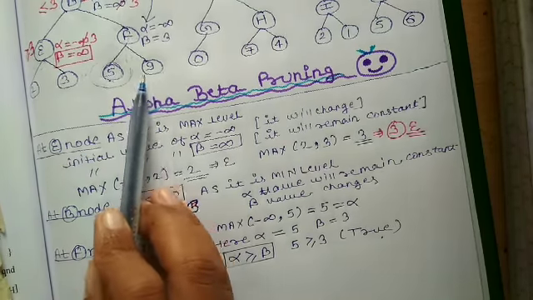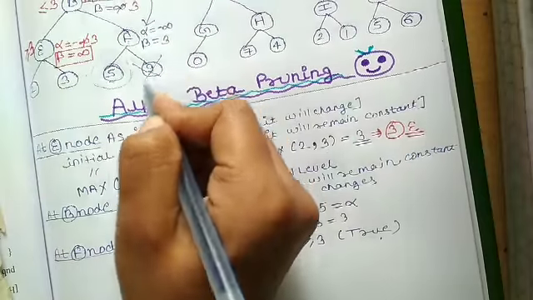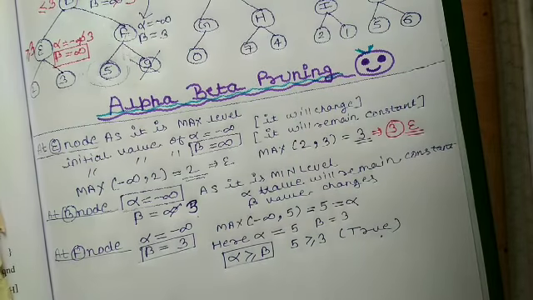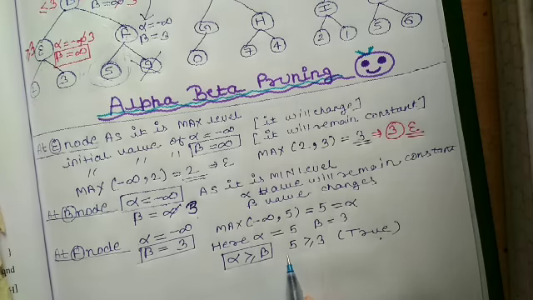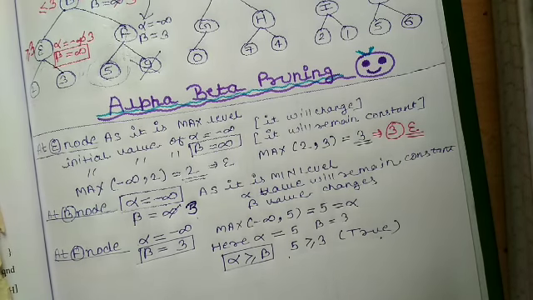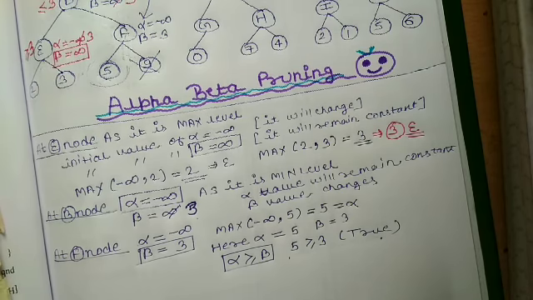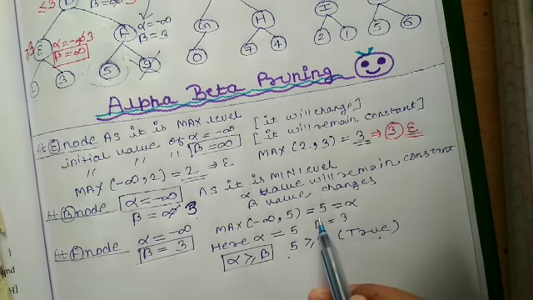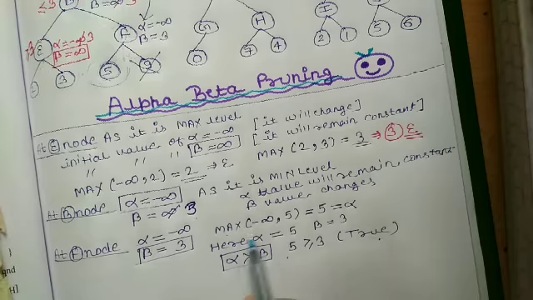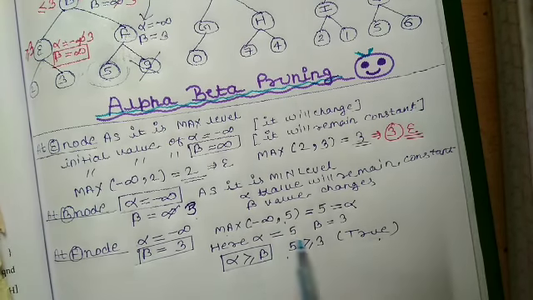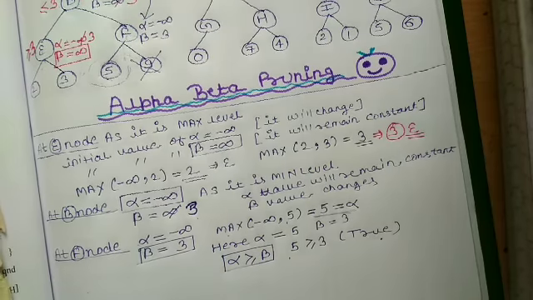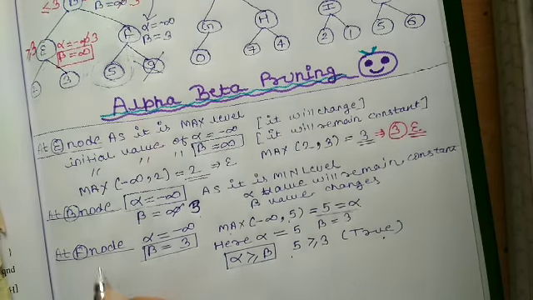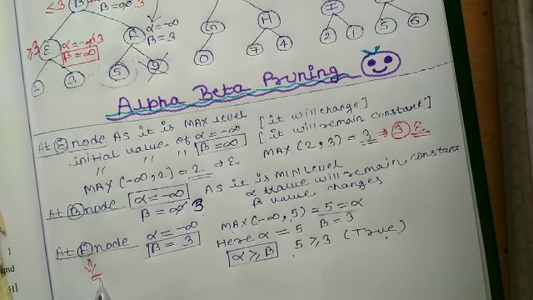So you don't have to explore this child, you can cross it. So what will the value of the F node become? As it is a maximum level node, we have to take the maximum at the maximum level. The maximum value of alpha is 5 here. So the F node value will become 5.